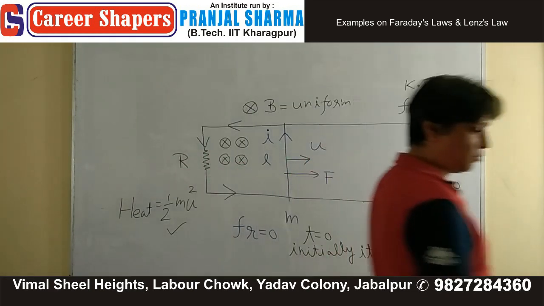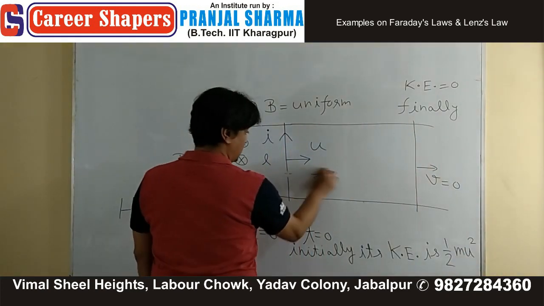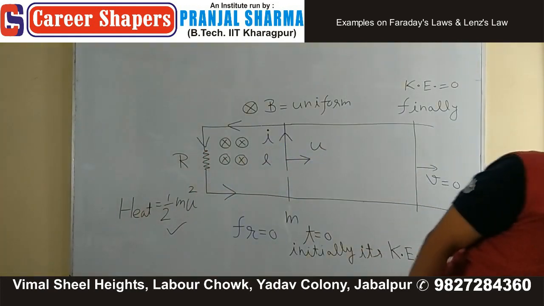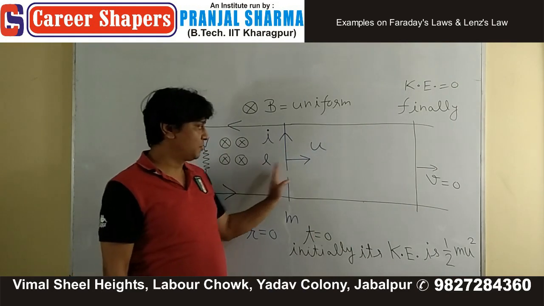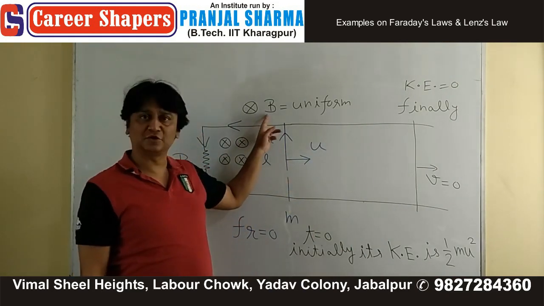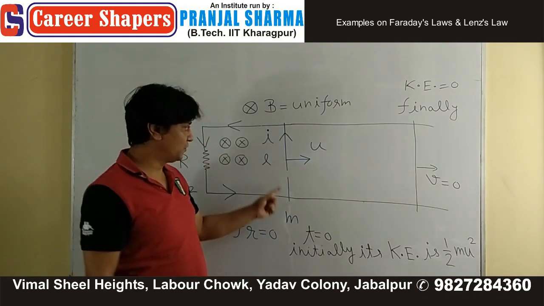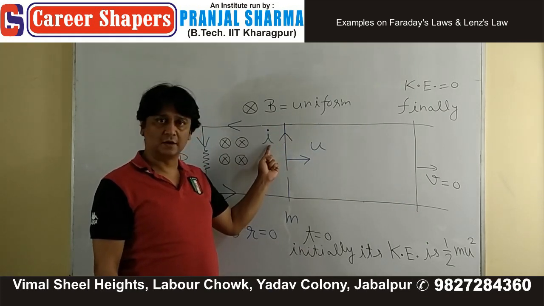The moment the rod moves, this rod also has electrons. So the moment the rod moves, those electrons are moving in the presence of magnetic field. They are under a force, and because of that force they start moving, which produces what? Current.